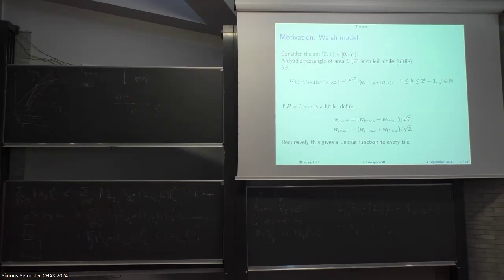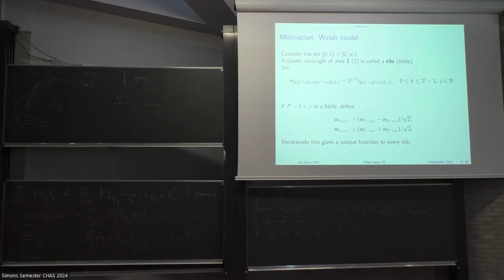But to motivate first, why should one even try to believe that something like that can be done? Let's look at how it happens in the discrete Walsh model. So the Walsh model is doing Fourier analysis on the unit interval with a different group. And the good thing with the Walsh model is that here the uncertainty principle works in a different way.